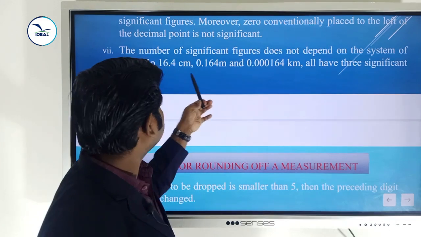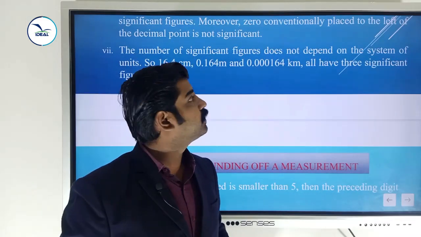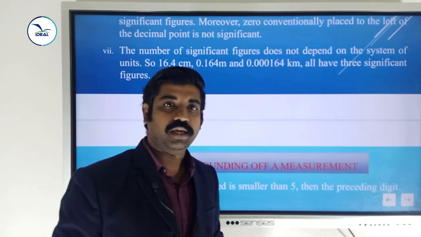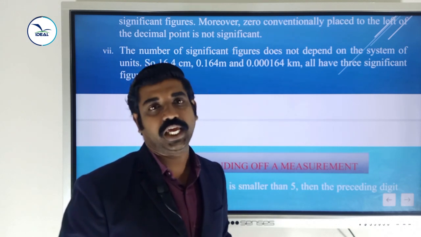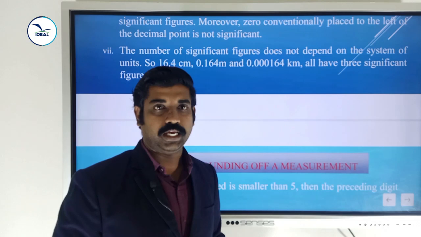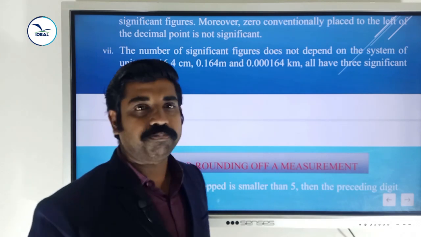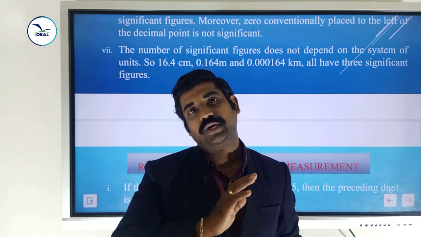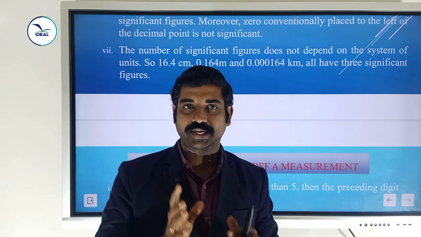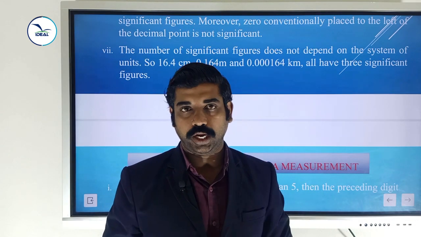But in all these, 164 are significant. So there are only 3 significant figures. Clear? If we are writing something in scientific notation also, we don't want to consider the scientific notation, we want to consider that number only.